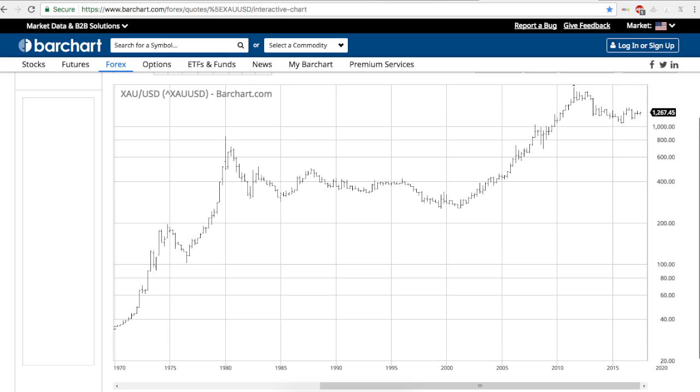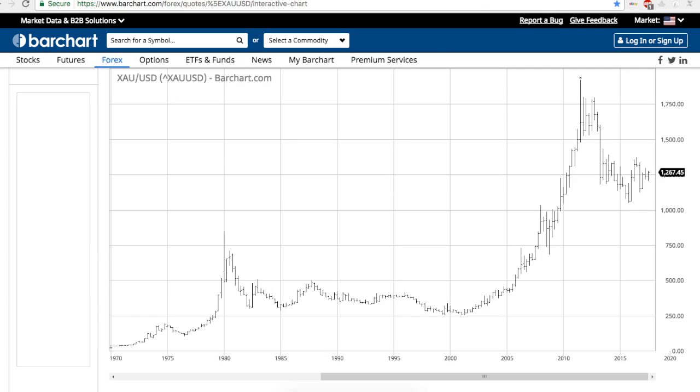And then I'll just show you quickly here a linear chart of gold, same time period. You see, from 2000 to 2011, it looks like a huge move. The correction looks quite sharp, but not as sharp as in the logarithmic chart. So back to the Dow Gold Ratio.